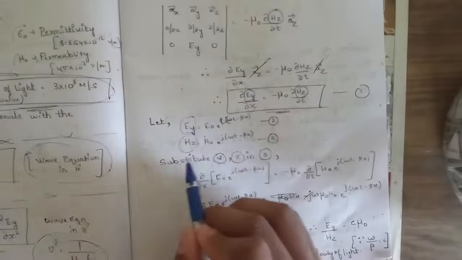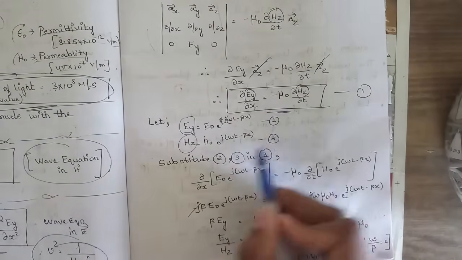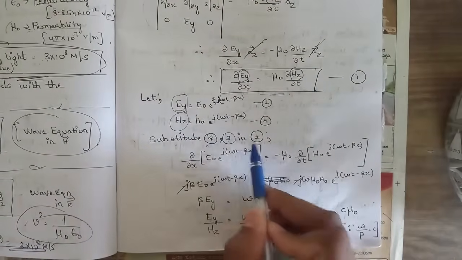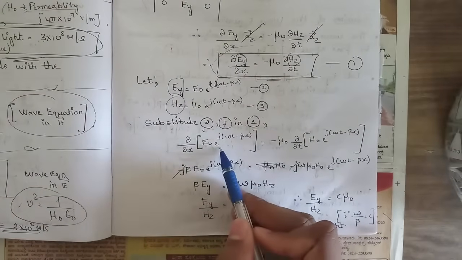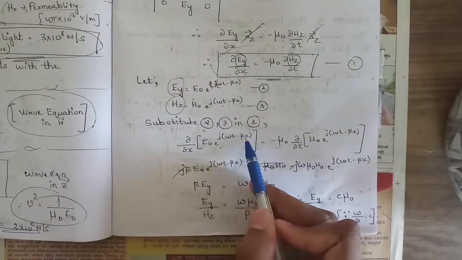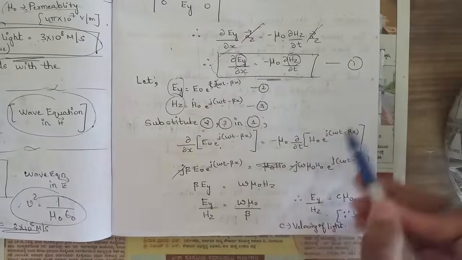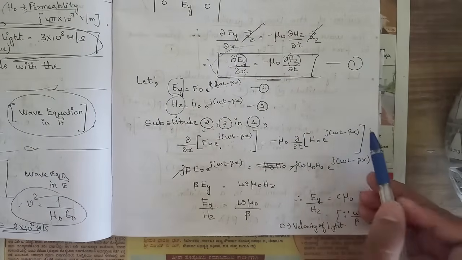Name these as equation 2 and equation 3. Now substitute equations 2 and 3 in equation 1, that is d by dx of E naught e to the power j omega t minus beta x is equal to minus mu naught into d by dt of H naught e to the power j omega t minus beta x.